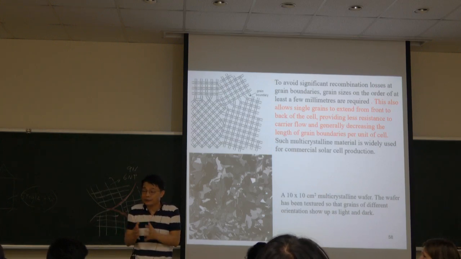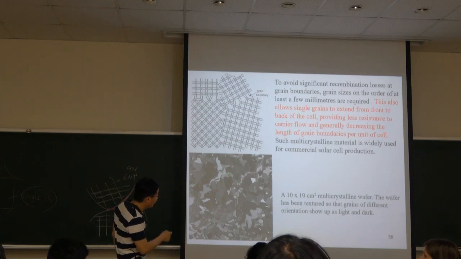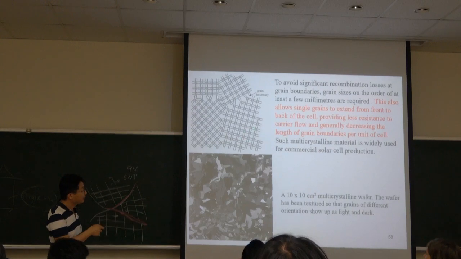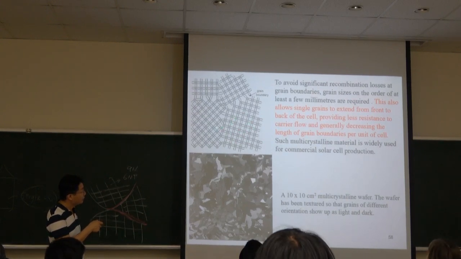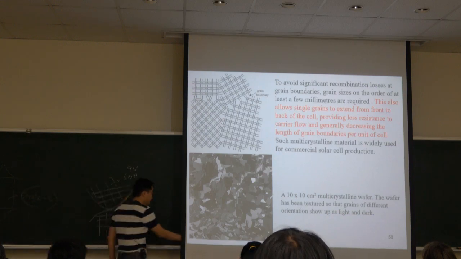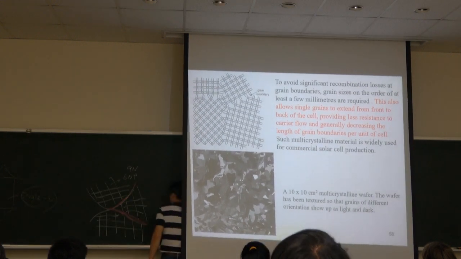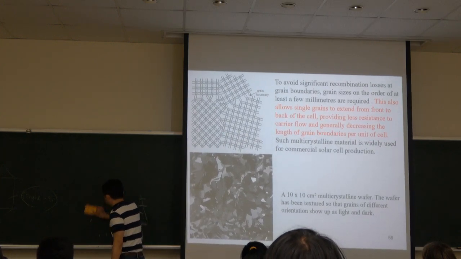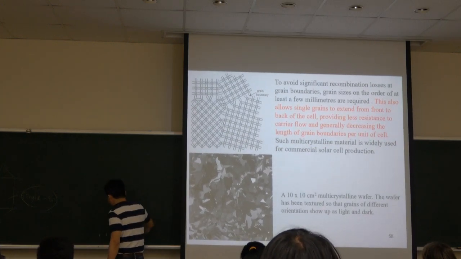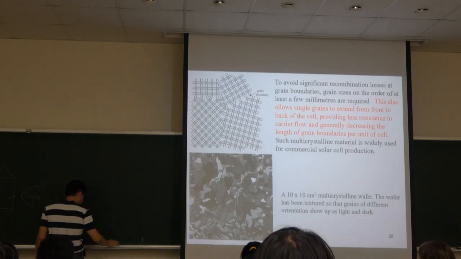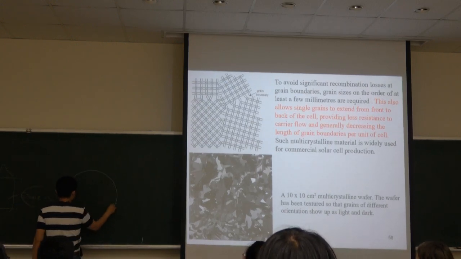So the cooling rate you can control to get the high crystalline, to have more time to grow, because this is based on solidification, right? You can control the solidification time.